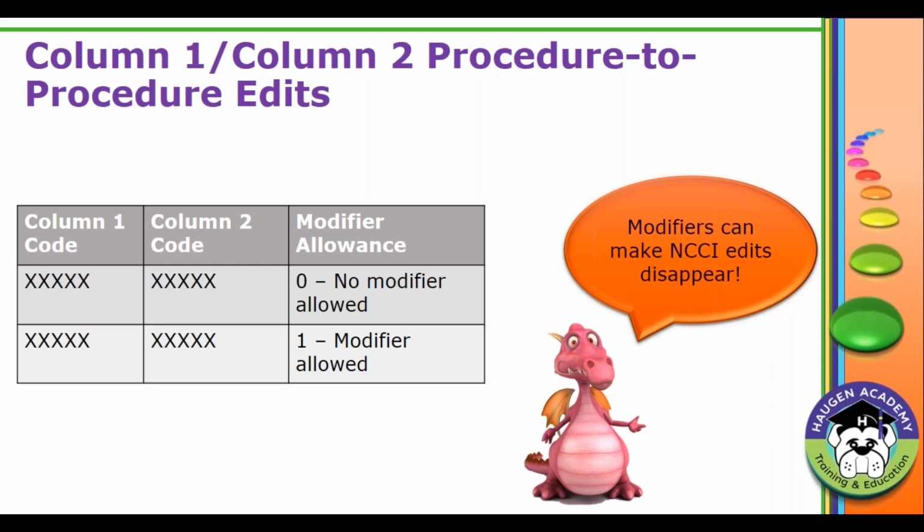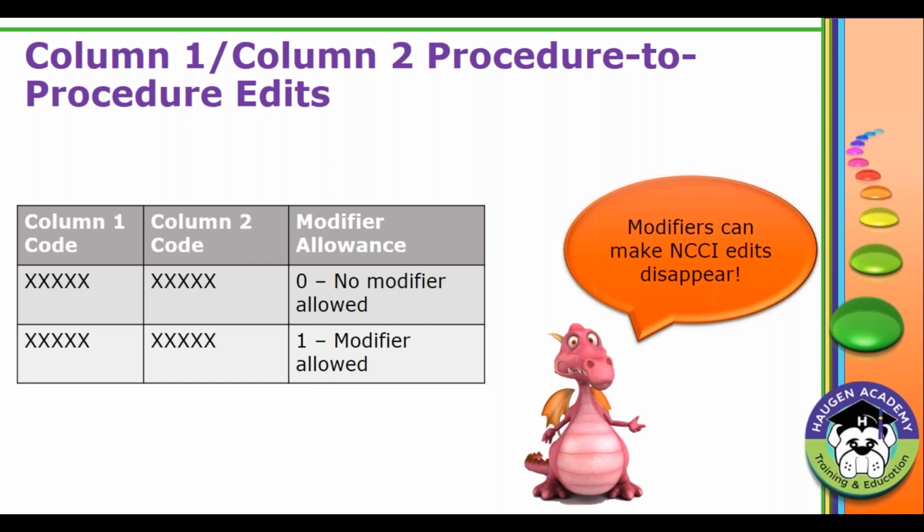The column 2 is the component code. So column 1 code includes the column 2 code. And then there is a third column for modifier allowance, either a 0 or a 1. And what this means is whether or not I can add a modifier to bypass the edit.